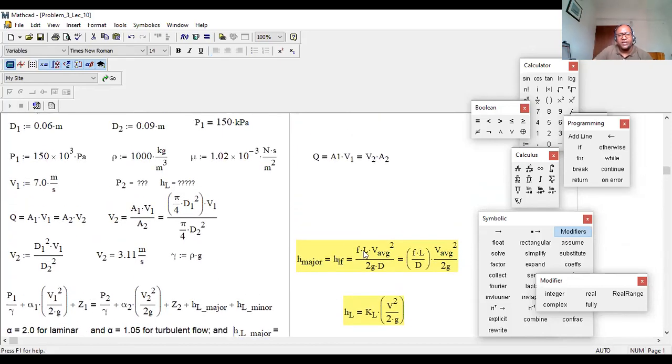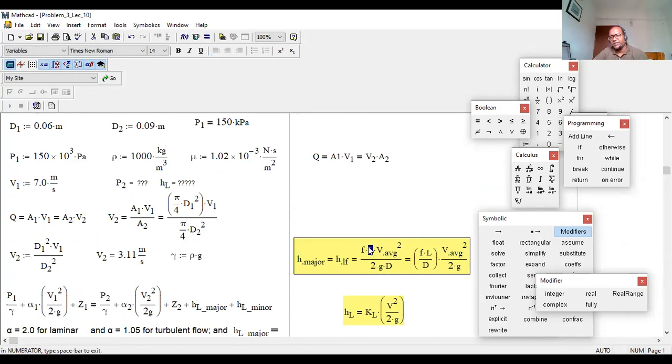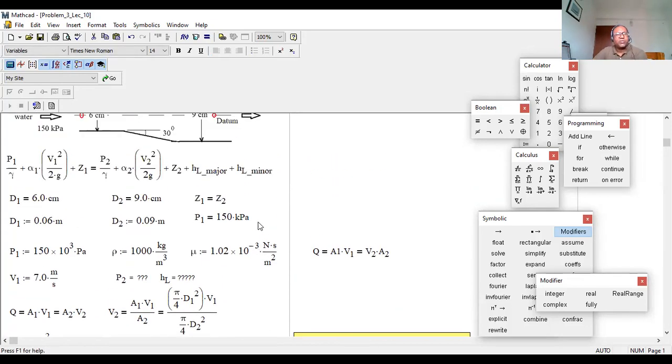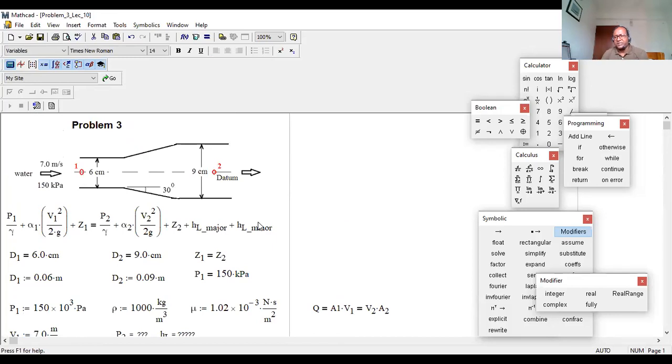You need the length of the pipe. You look in the problem, the length of the pipe is not given. So what judgment do you make over here? It is a sudden contraction between point 1 and 2. In that case, you can assume the major head loss is 0 if length is not given.